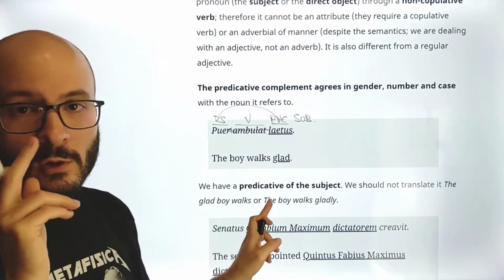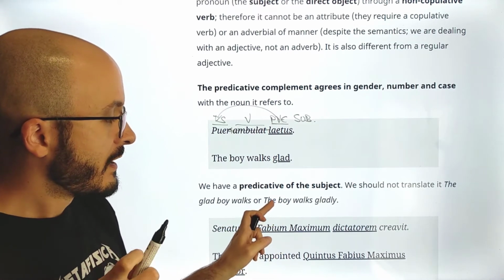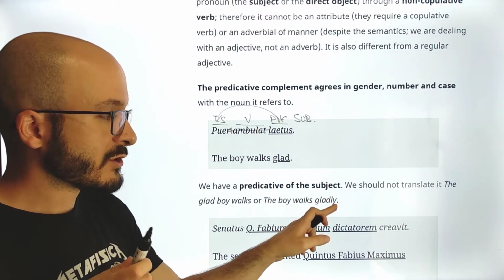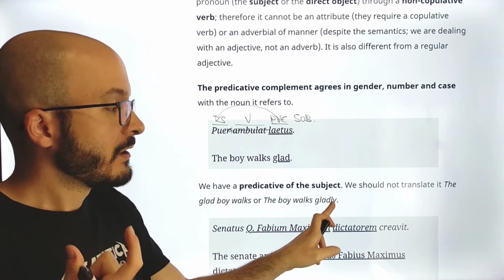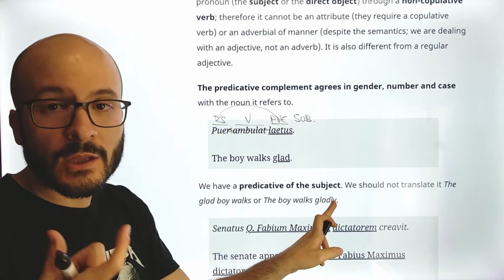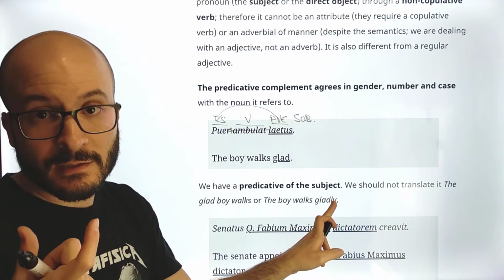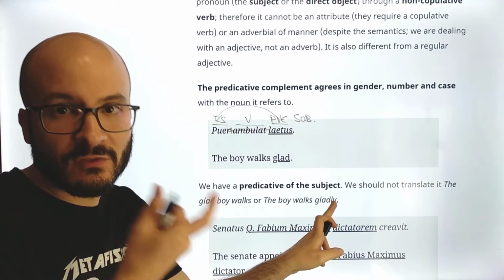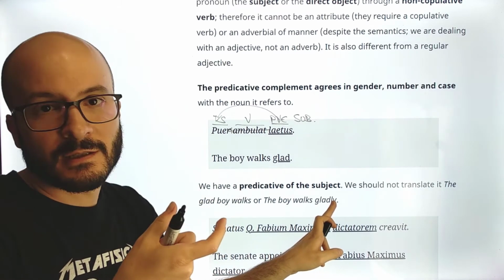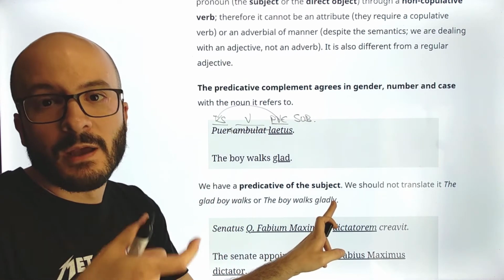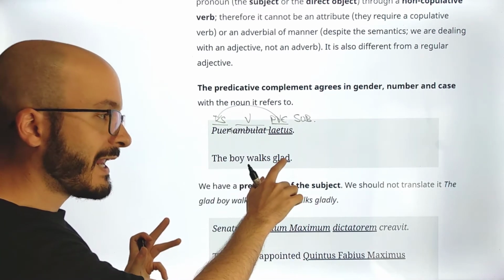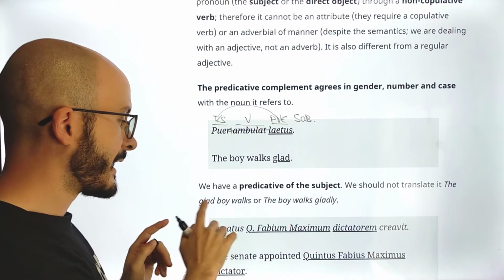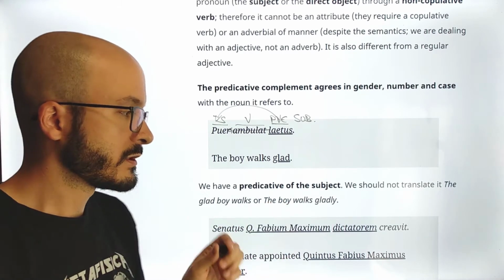And we should also not translate it as "the boy walks gladly", because then gladly, you see that it has in English this "ly" ending, which is a way to form adverbs in English. In this case, this adverb makes up an adverbial. So it is not the same. The boy walks glad is not the same as the glad boy walks or the boy walks gladly.